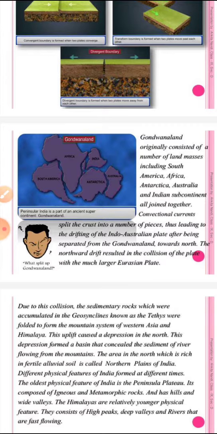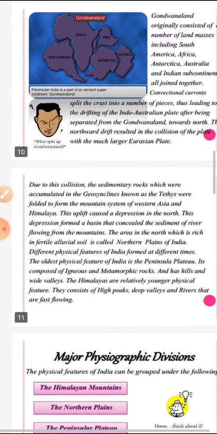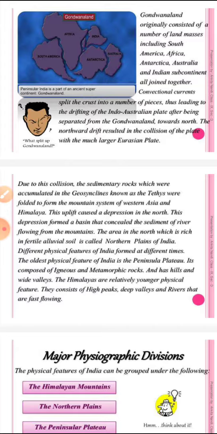So when we are talking about geosyncline, it means a shallow and elongated sea. The rivers which were draining Angara land and Gondwana land deposited sediments in the Tethys Sea.